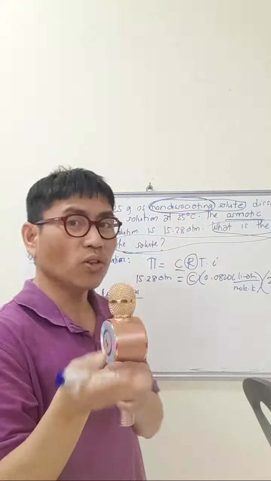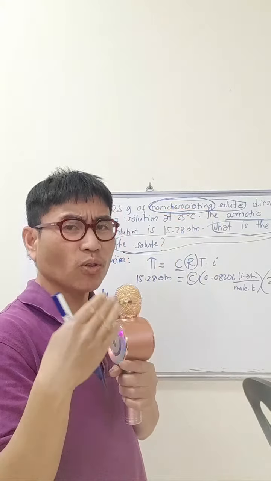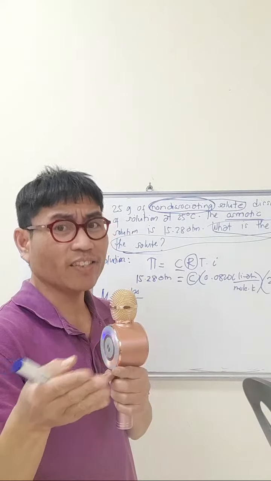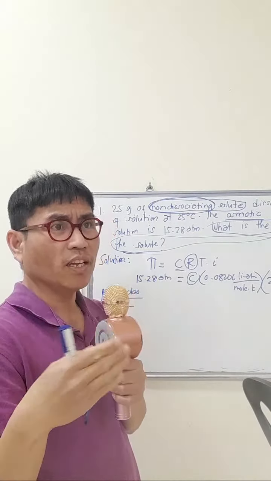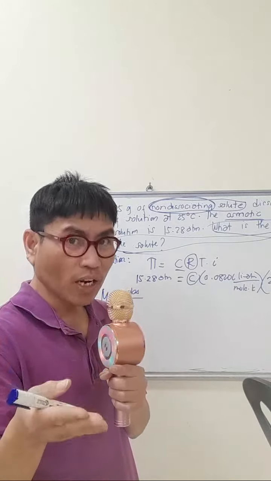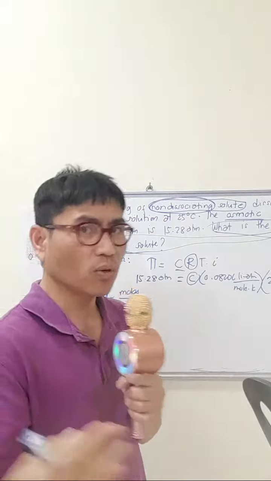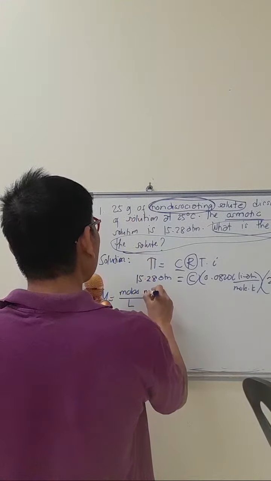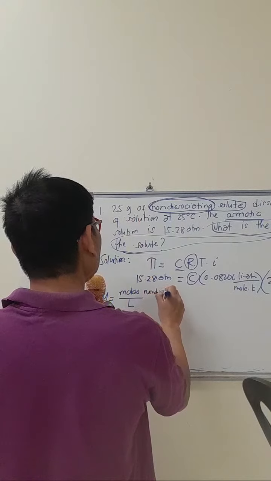What kind of solute do you have? The type of solute you have is non-dissociating. It is an adjective or description referring to the type and the kind of your solute. So this is most of non-dissociating solute.